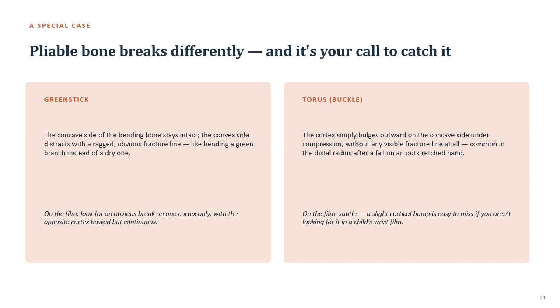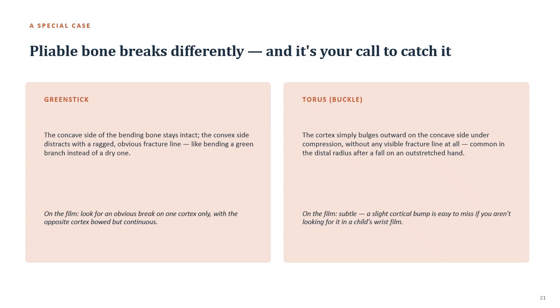With your torus or your buckle fracture, usually it occurs when there's some sort of compression that causes the cortex to bulge. There may be no obvious fracture line when we're talking about a buckle fracture.